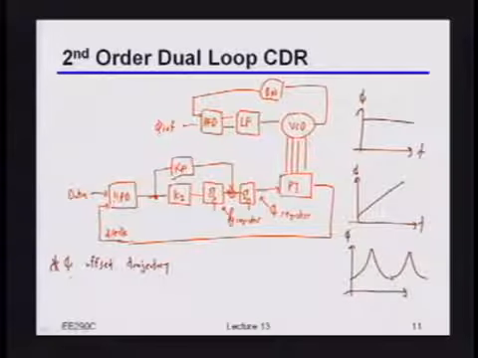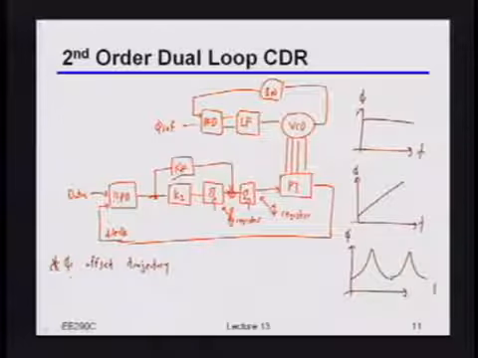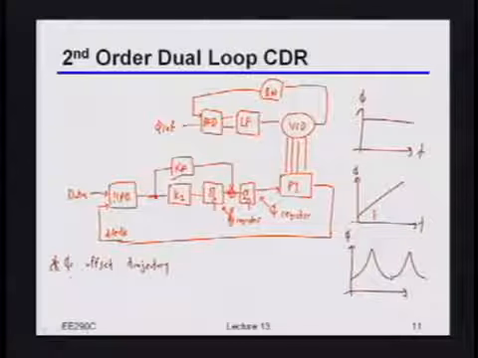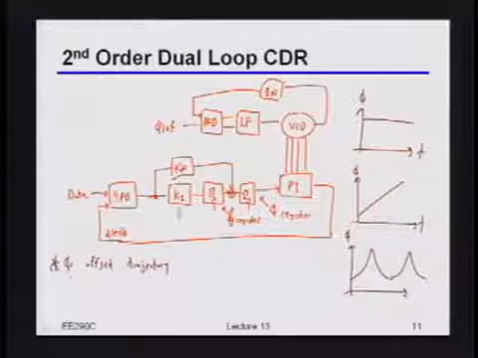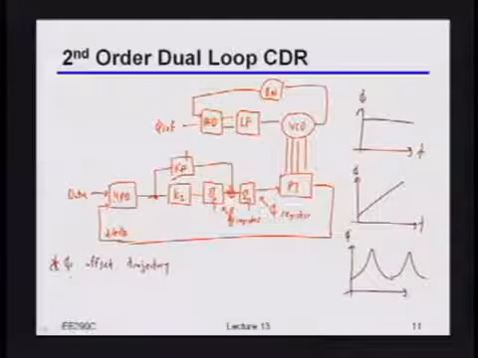If you're going to do that, then your phase is going to have this weird looking behavior, and it may even continue and have weird circles and things like that. So the key point is that if you know you're going to have some weird trajectory in the phase, you should build your CDR loop so that it can figure out what all the deterministic components of that trajectory actually are.